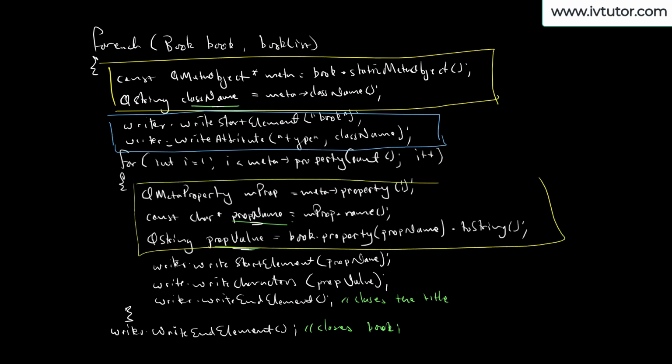Then you use your writer to write the XML using your values. That's generally what's happening there. So you have to learn the reflection, you have to learn how to use the XML stream writer in this case. But there's nothing new here. It's just a matter of practice. That's how you do reflection and XML together.